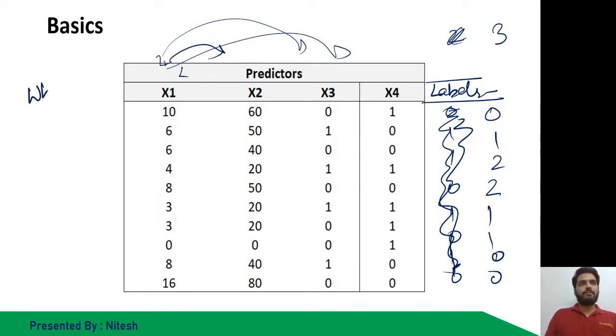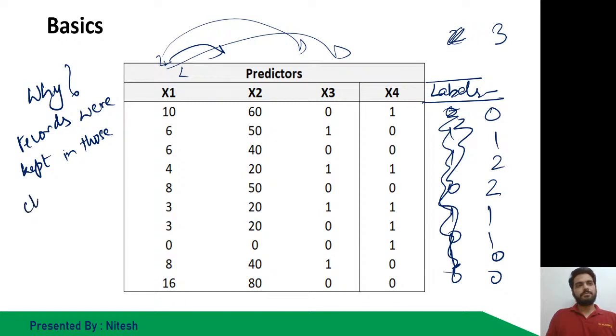I have to ask why records were kept in those clusters, clusters like 0, 1 or 2. Why? That is my question.